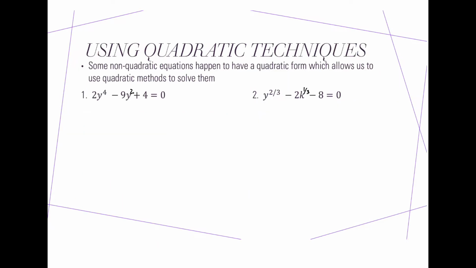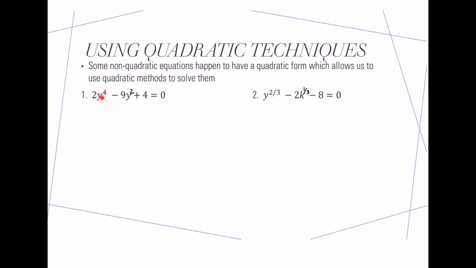We can also use these quadratic techniques that we've looked at, using the square root principle, factoring, and the quadratic formula, to help us solve some equations that are not quadratic, so they're not being raised to the second power, but they have a quadratic form. And the main thing we want to look for when we're doing this is that if they have a quadratic form, the power of the middle term will be half the highest power.